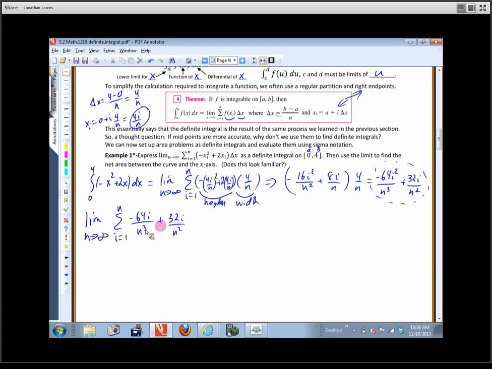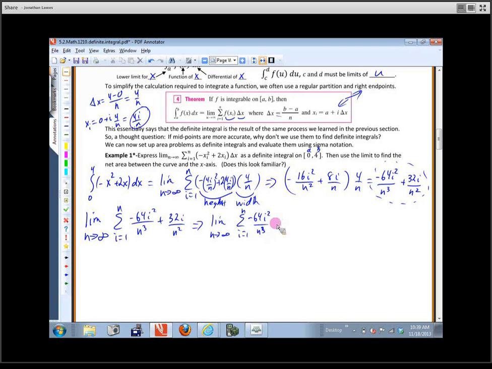Now, with the summations, I can actually break these apart, can't I? So I'm going to break this apart into the limit as n approaches infinity, the sum from i equals 1 to n, negative 64i, whoops, that was a square, didn't I miss that? Tell me if I make a silly mistake like that. That's cubed, okay?